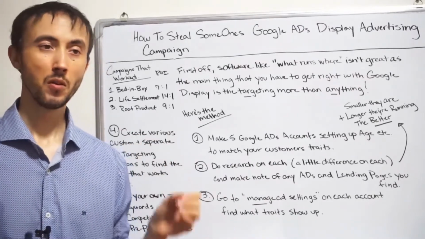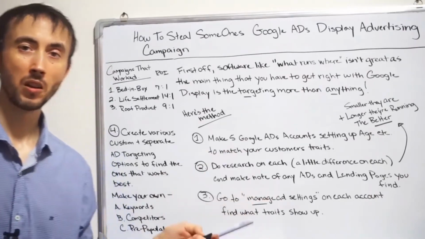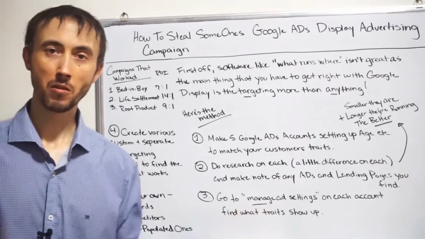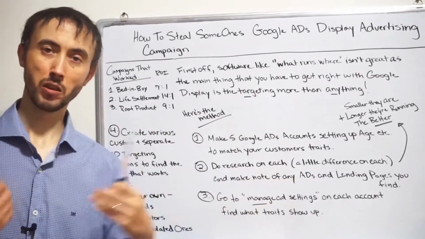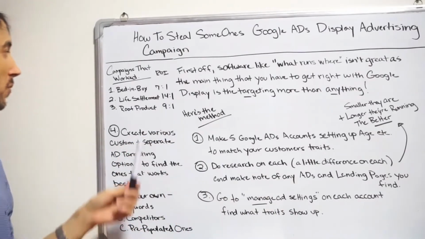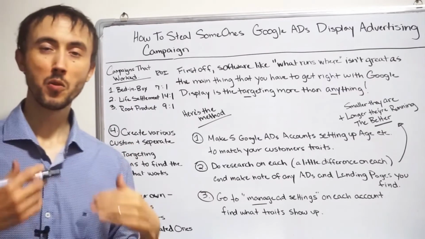Then the display advertising worked, okay? That was found by doing the method I told you here, just looking at what the top guys are doing, who are spending $300,000 a month, what have you. So you just take what they're spending and use it to your advantage. 14-to-1 on that campaign.